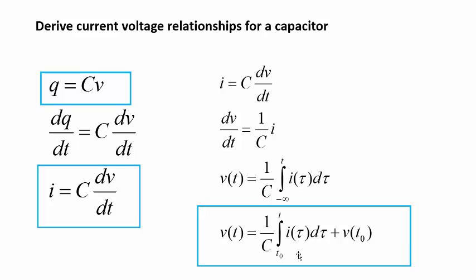So then we have a relationship like this from time 0 to the time of interest: integrate the current plus the initial voltage that is sitting on the capacitor. So if the capacitor is already at 5 volts and I apply 10 volts to it and I charge it up for some known period of time, I can figure out what the total voltage is on that capacitor at some moment in time.